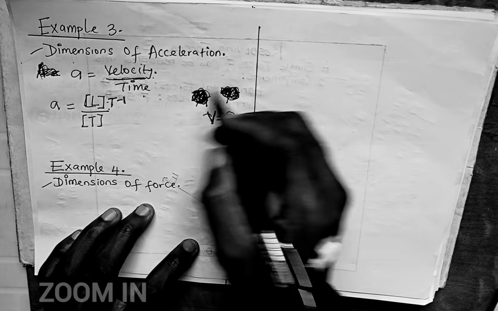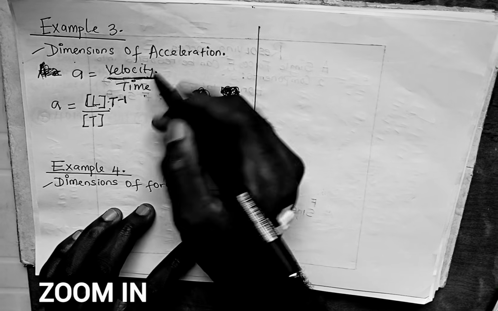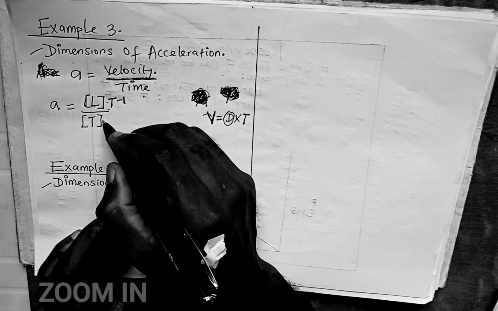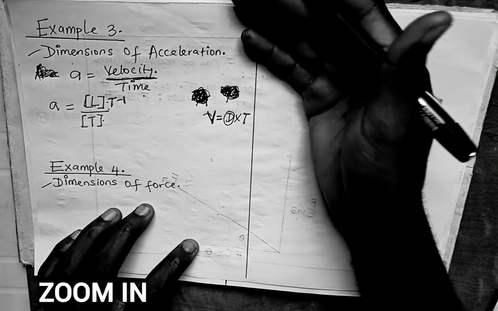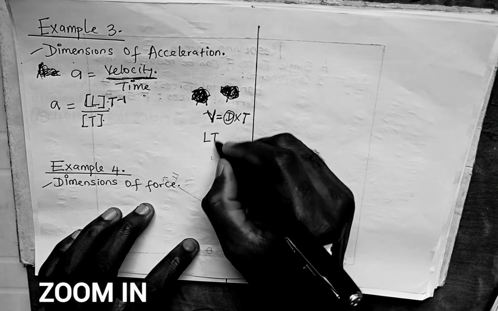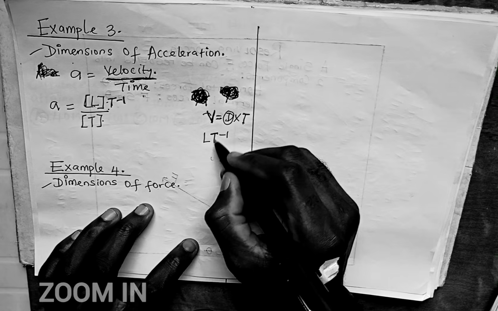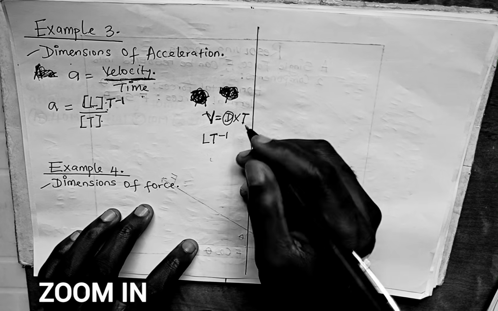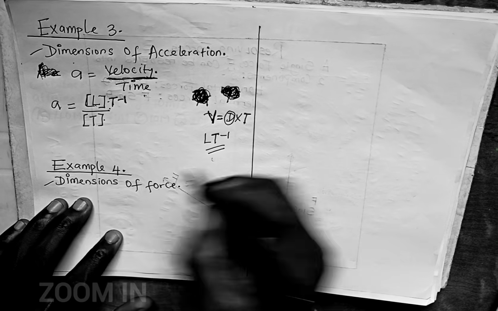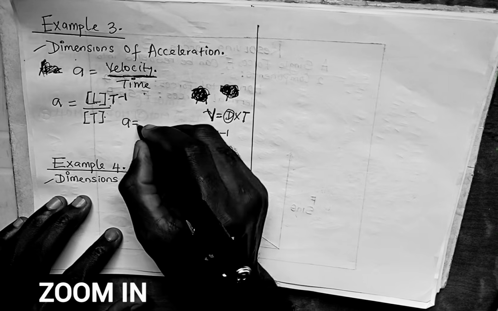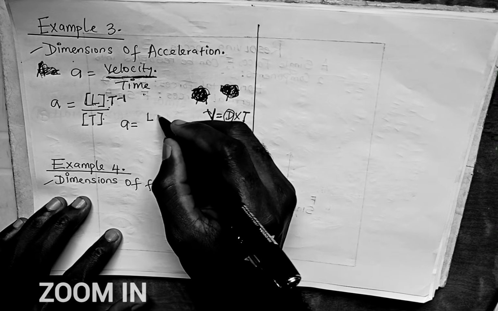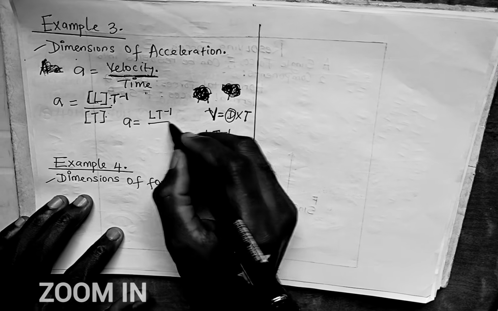Since we have velocity here, we are going to do the dimension of velocity first, before we include it with time. We already did the dimension of velocity before, and what we got was L t minus 1. The dimension of velocity and the dimension of speed are the same. So if we put everything here, A, which is acceleration, is equal to L t raised to power minus 1, in brackets, over t.